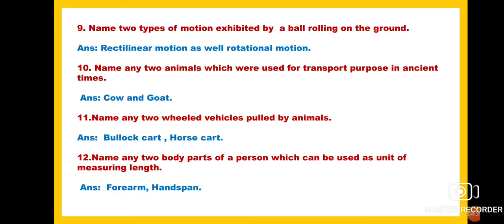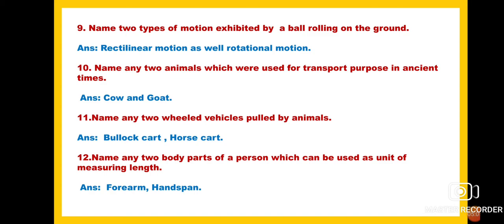Whatever moves on its own axis, that kind of motion is called rotational motion, isn't it? And when the ball rolls on the ground, it will go straight. It will not follow a curved path. It will go straight, and therefore it is referred to as rectilinear motion.